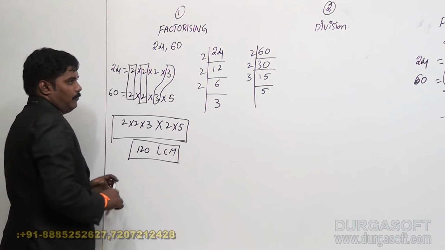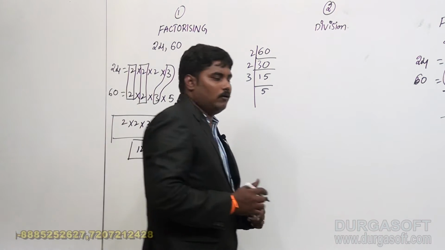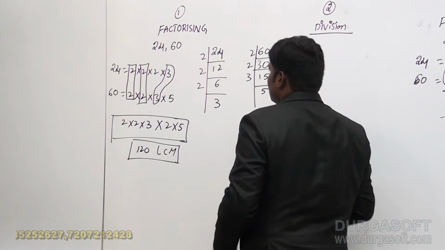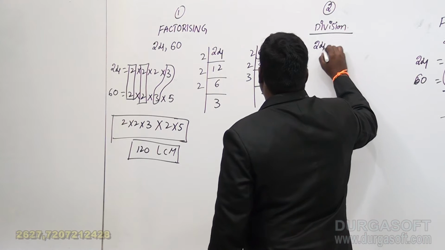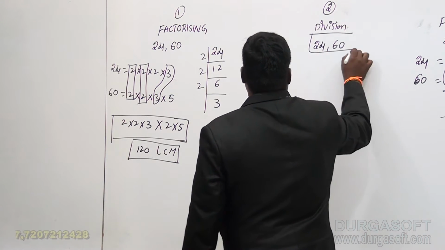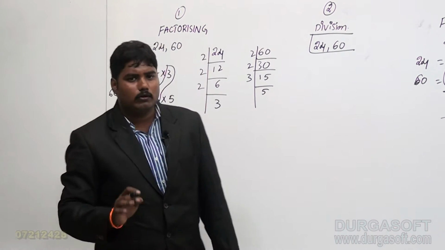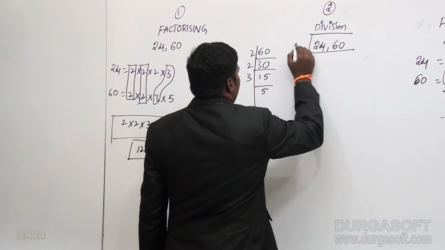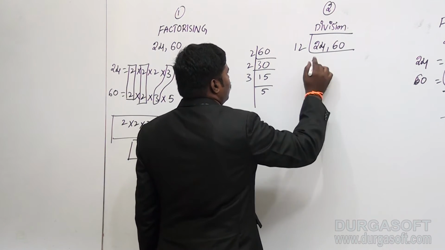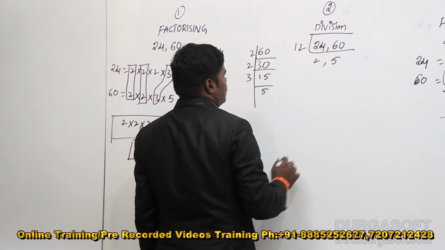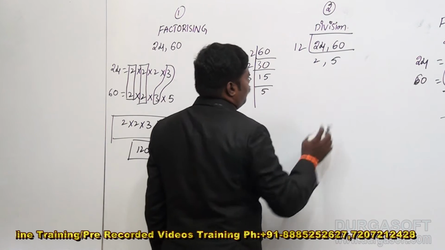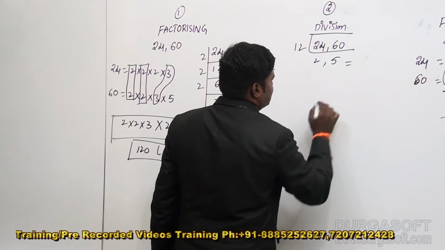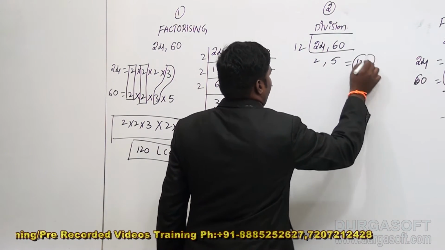In the division process, you take 24 and 60 and take the common factor 12 out: 12 into 2 is 24, 12 into 5 is 60, and 60 into 2 is 120 directly.